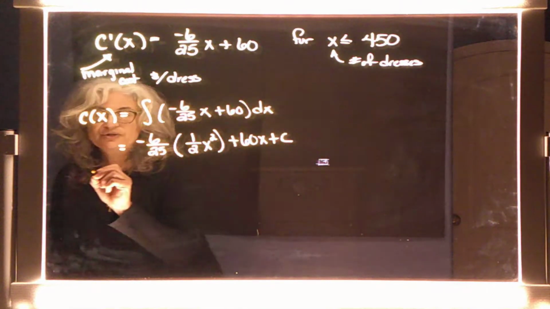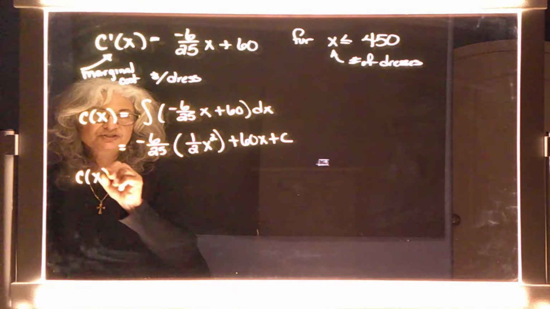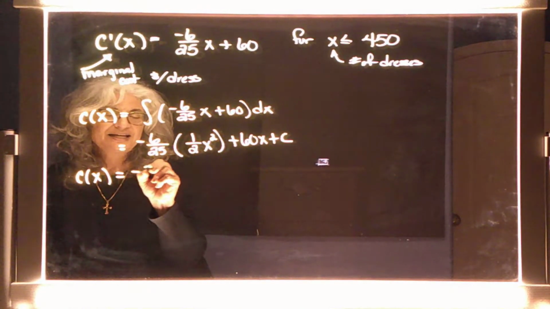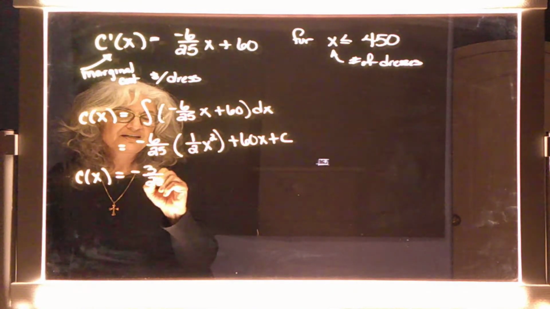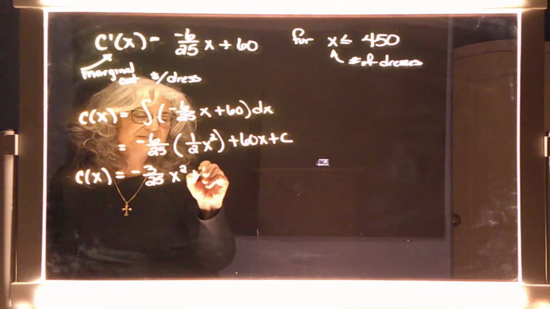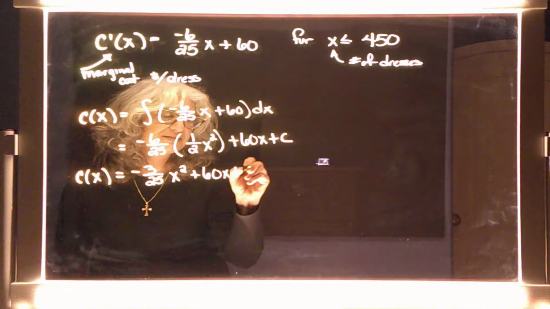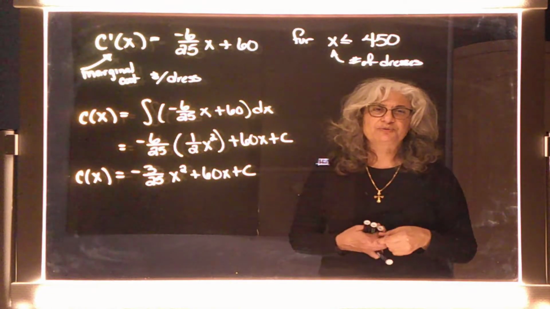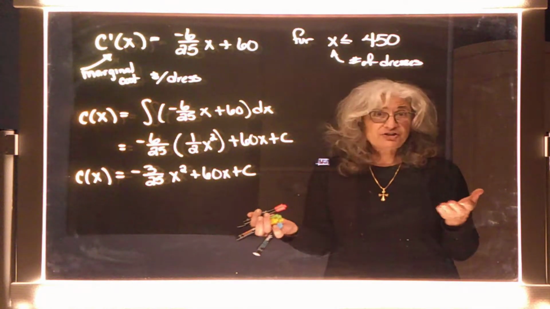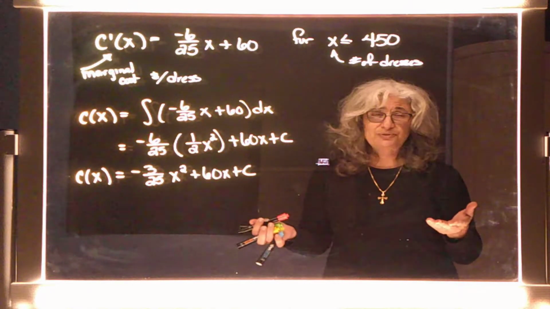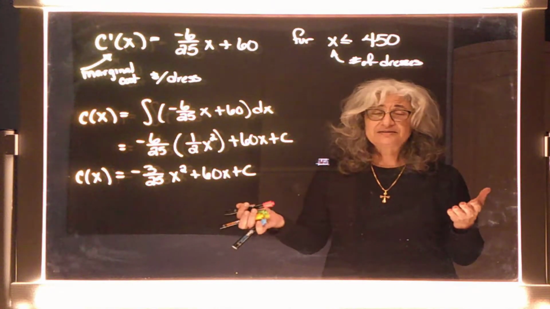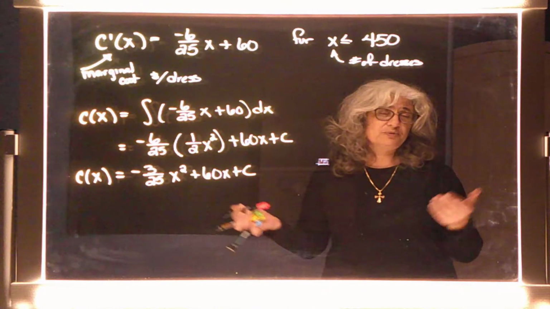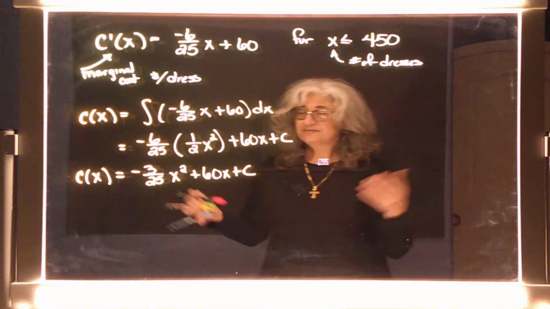Okay, so that means right now my cost function is looking like negative 3/25 x squared plus 60x plus c. And if some of you are wondering, how do you get negative 3/25? They're fractions. You're multiplying two fractions. Reduce. The 6 and the 2 reduce. The 2 becomes a 1, the 6 becomes a 3, right?